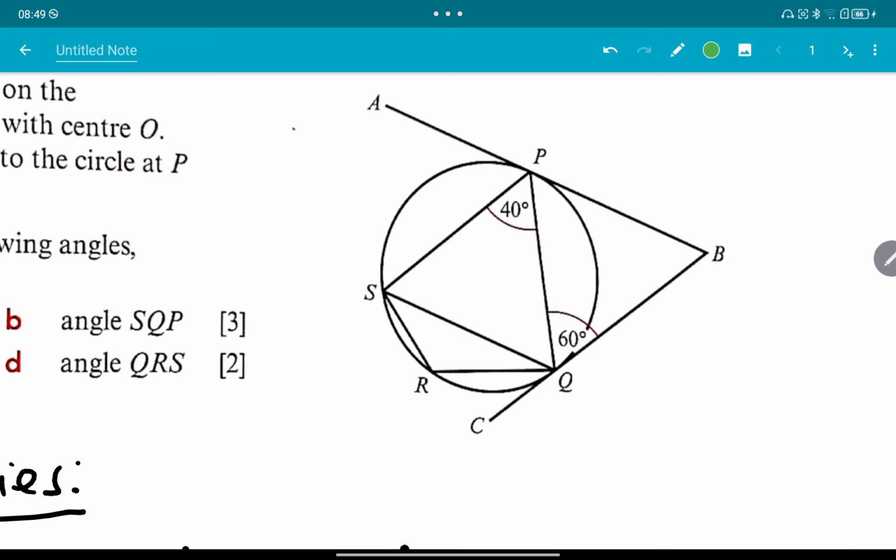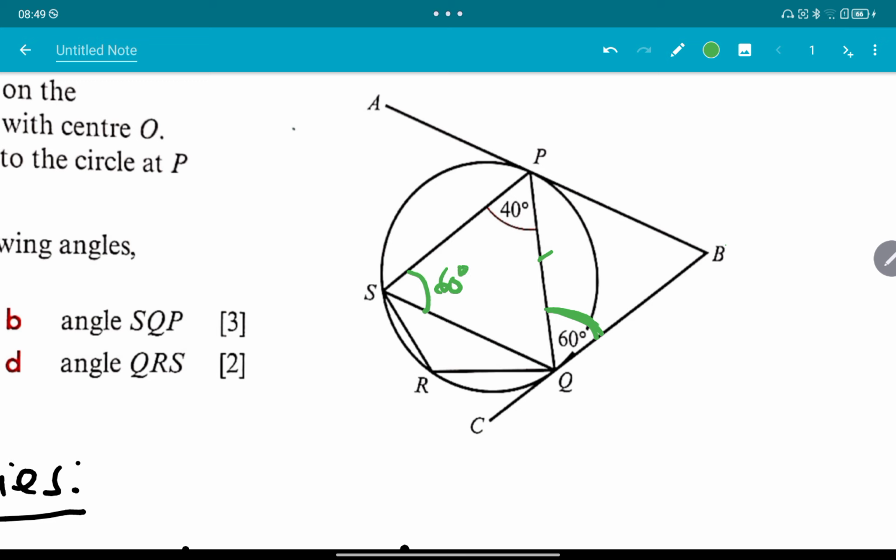Okay, so for example, we can use several properties. At this point, this is angle 60 degrees, and looking at it, PQ is a chord and CB is a tangent. So there's already a property ringing in my head when we talk of the chord, tangent, and an alternate segment. So if this is 60 degrees, it means the angle at S will be 60 degrees.